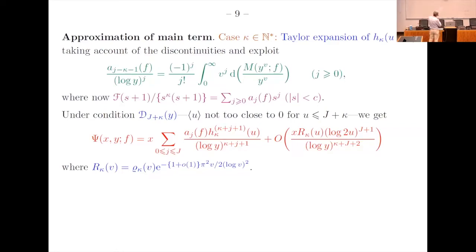Here the error term is with r index kappa function. I don't have time to speak about it, but using Hildebrand and Tenenbaum's result, you can give a precise estimate of this function.